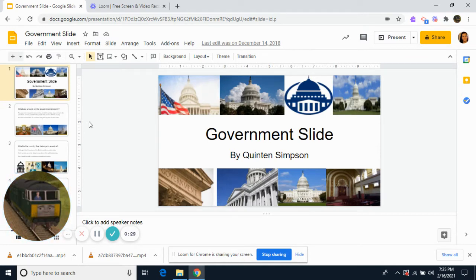Alright, so let's start off with the government slide. It's kind of like a White House that I've ever seen before. I thought it was real, but I always wanted to go there. But it's only for presidents, and if kids want to watch it, that's fine. It's all the government ideas.